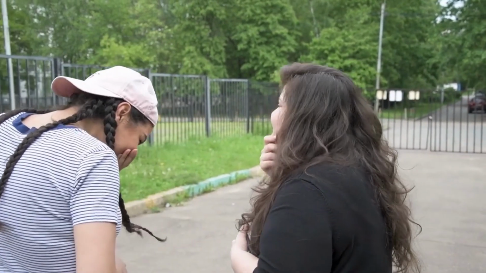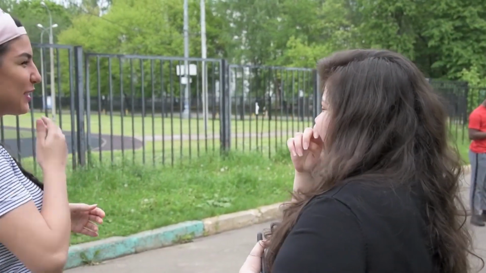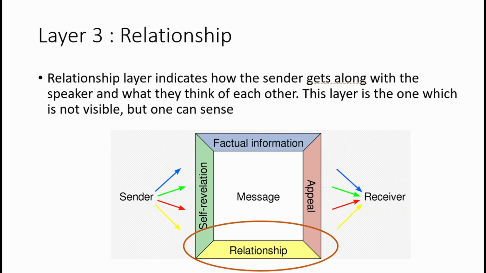So there is some relationship between both of us. Let's say, being a manager, I'm sending a message to my team. So there is a certain relationship between my team and myself. This layer is a crucial layer and depends very much on how you are communicating to the audience.